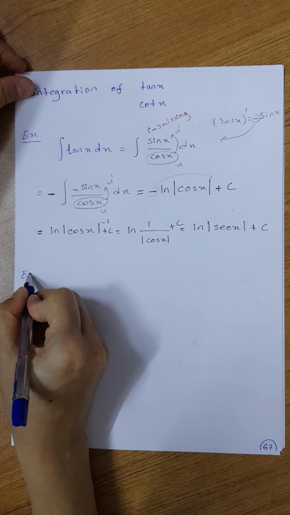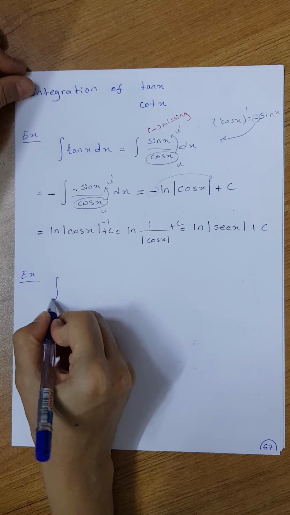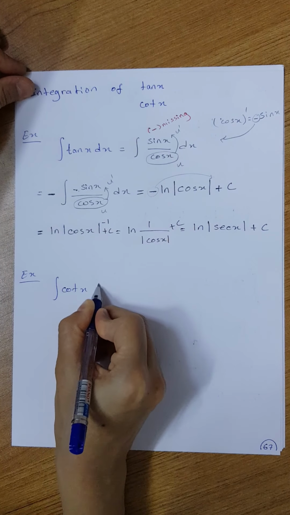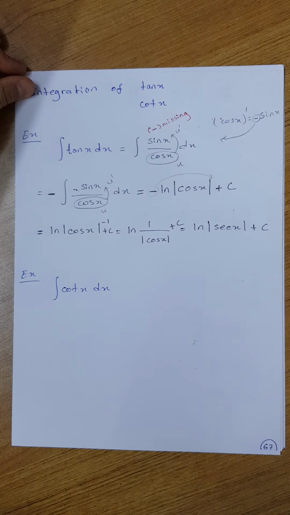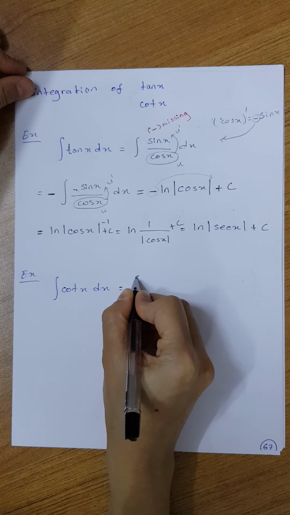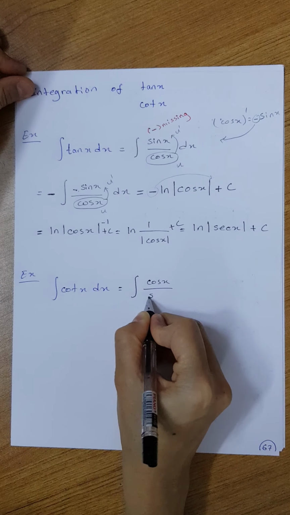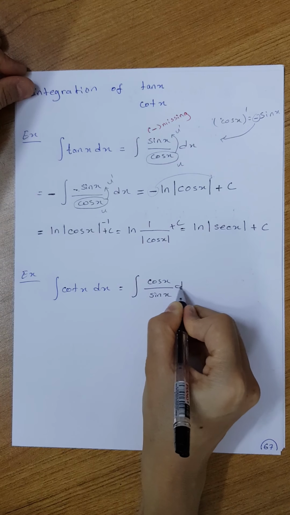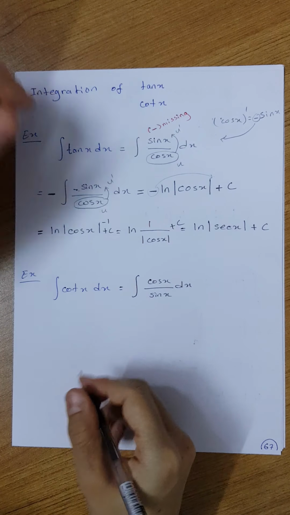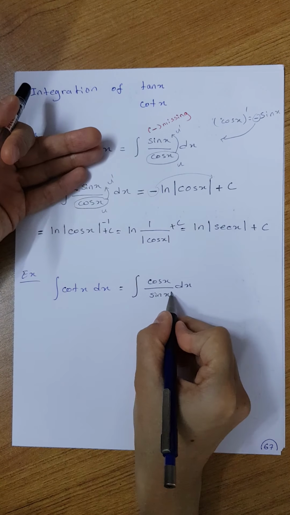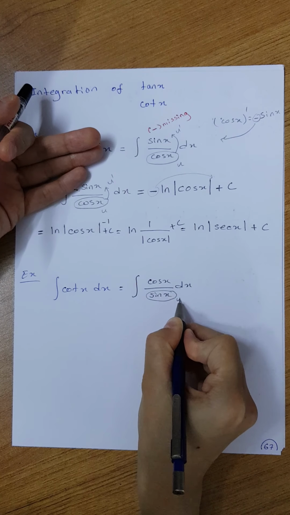Let's move to the cotan function. I have got integration of cotan of x dx. We will do the same operation that we did for the tan function, except here cotan is defined as cosine of x over sine of x dx. Now if you look at the numerator and denominator, I have got u from the denominator.